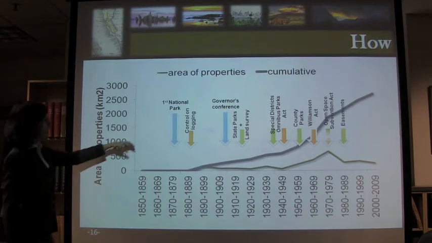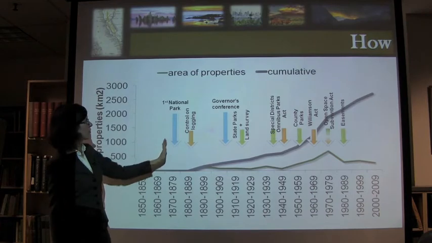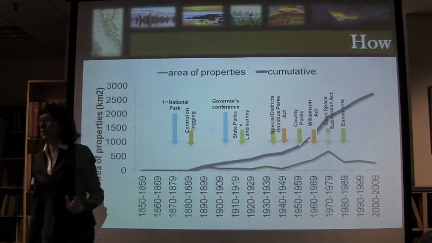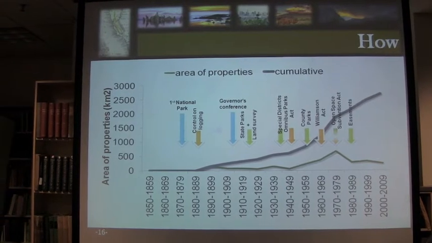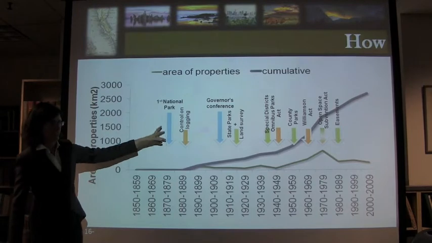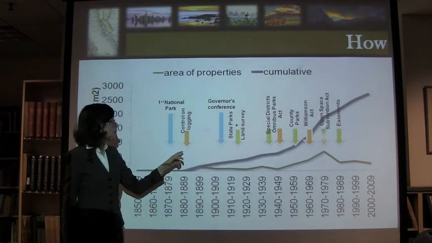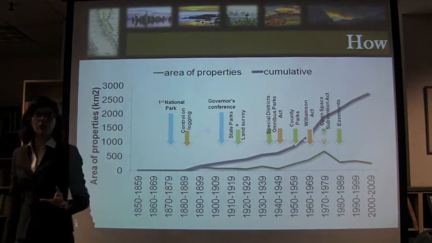So you have some events at the national level. So there is an interest in acquiring land. As I said, in 1864, land reservation was called for, and you have the first national park to be created in 1870s. In California, so these orange arrows are California-only events.